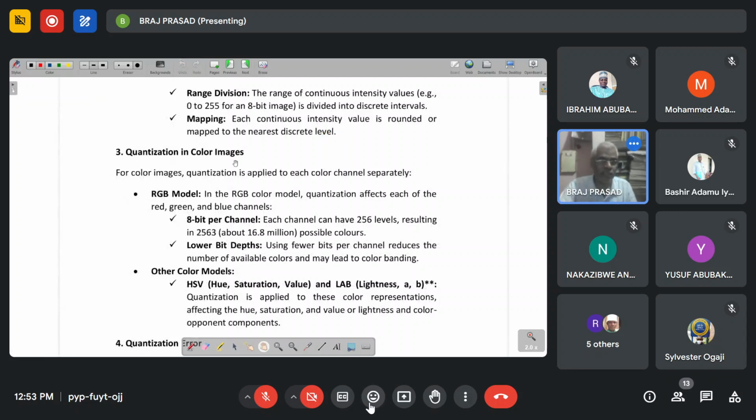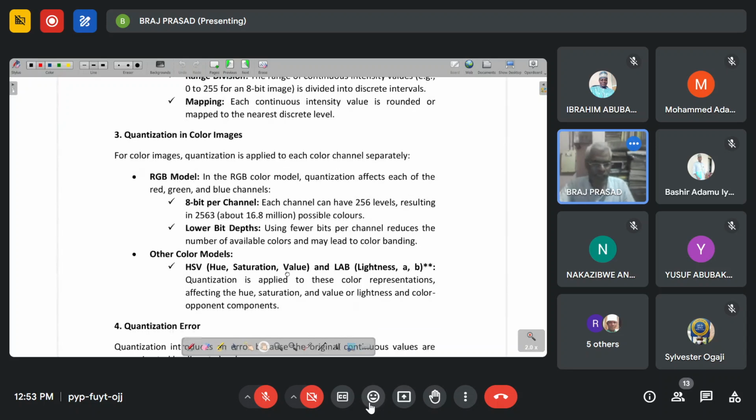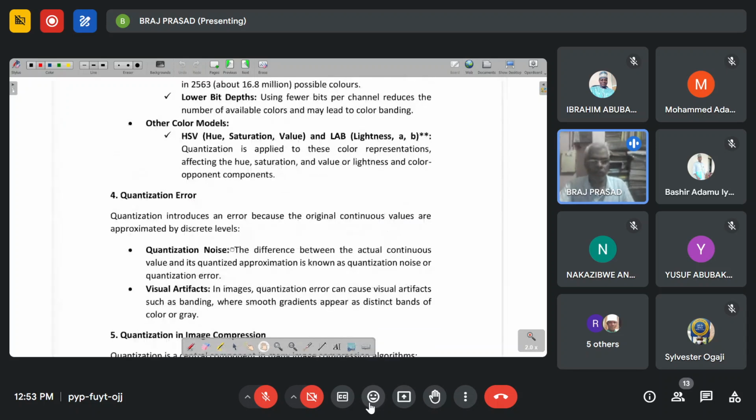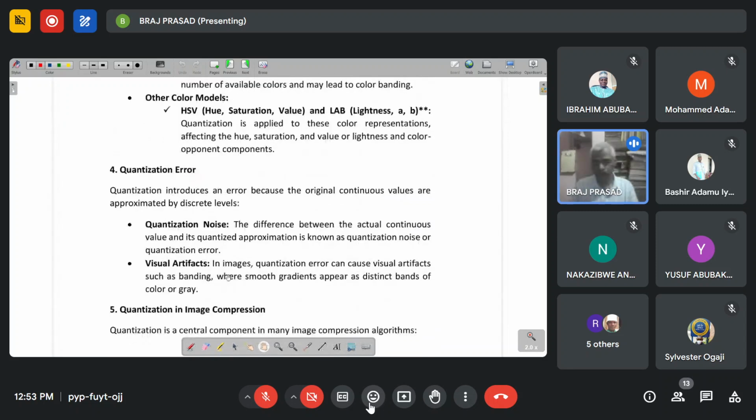Quantization in color image: this is our range division, then mapping, the RGB model. Other models are HSV, HSI, hue, saturation, value, etc. Then quantization error: due to some technical error, storing or capturing the information from the image may be done in a wrong form, so there may be a quantization error.